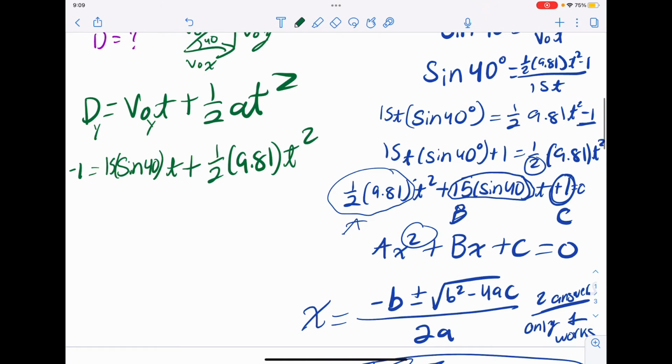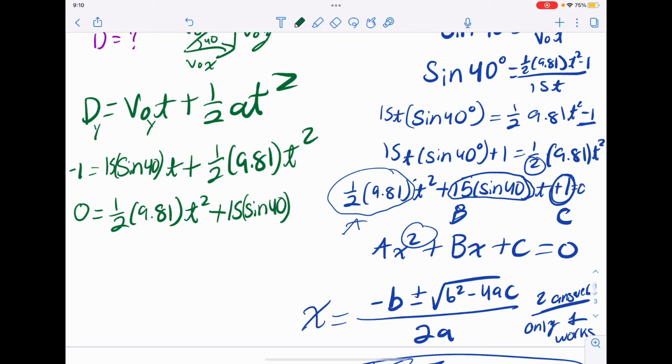What did we end up with? This looks all familiar. So let's turn it into a quadratic again. Equals 0. Move this around. We get half 9.81 t squared plus 15 sine 40 t plus 1.